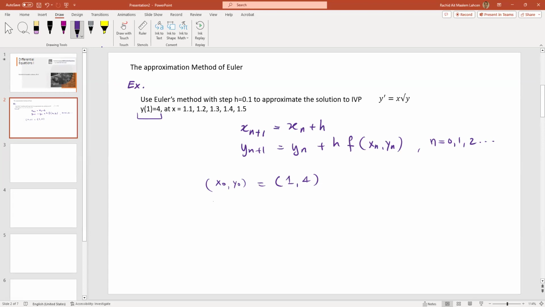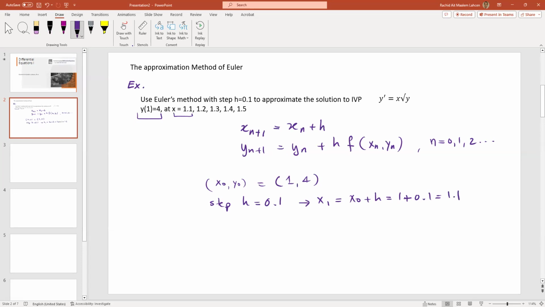Since we have the step h equal 0.1, that means x1 will be x0 plus h, which is 1 plus 0.1, which is 1.1. And that's going to be the first point to evaluate here.